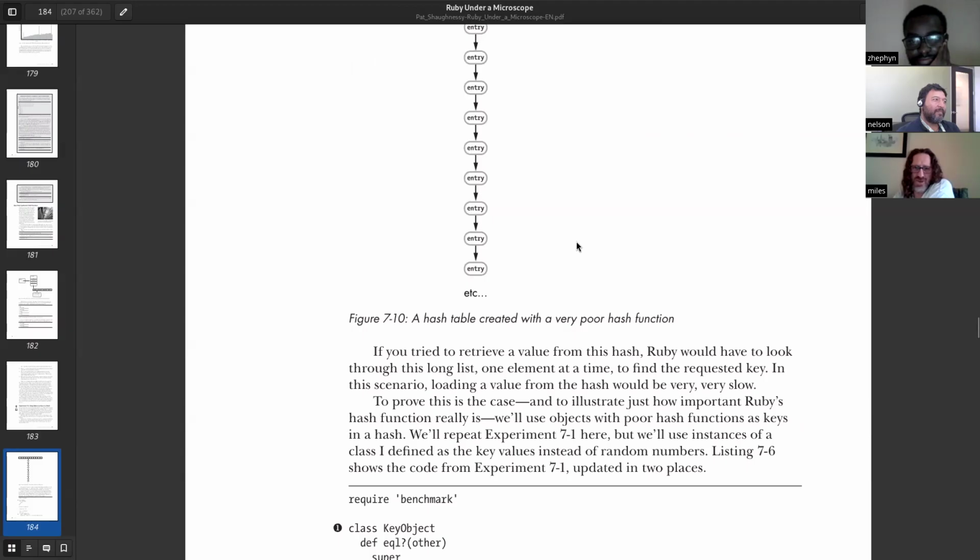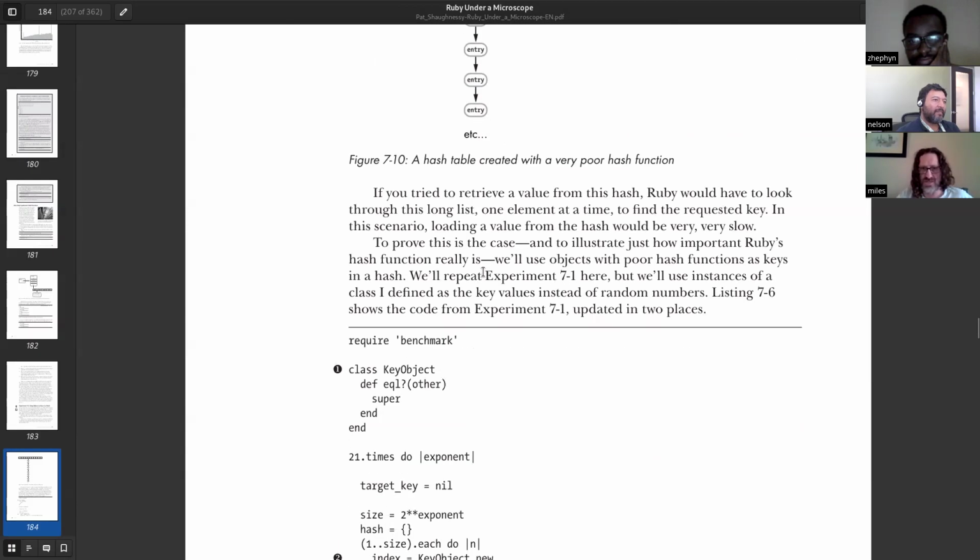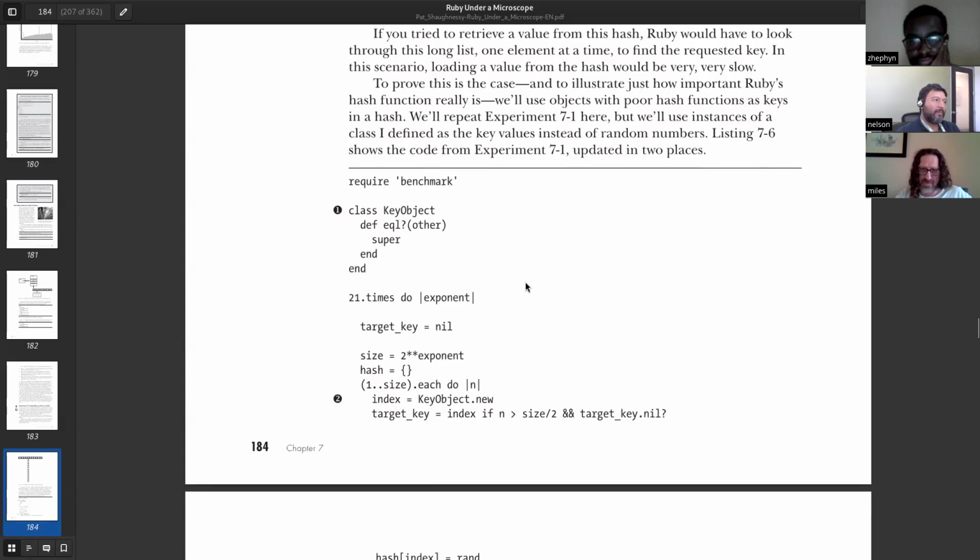So he wants to talk now about the impact of a poor hash function or method, I guess, since we're doing Ruby. Interestingly, here he writes equal, but he's overriding it and just calling super. So this override is sort of pointless, but maybe he just wants to get us thinking about the equal method. And he's reusing his code from the earlier experiment.